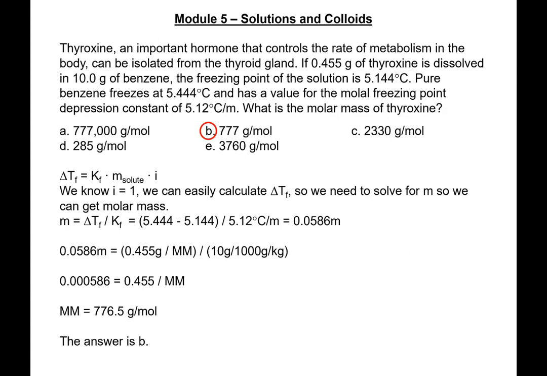So we put it all in and we solve for our unknown, and it's straightforward. Once we get all that plugged in, it's not even complicated algebra. It's just 9th grade algebra at that point. So I hope this is useful for you to see how these freezing point depression problems can be determined.